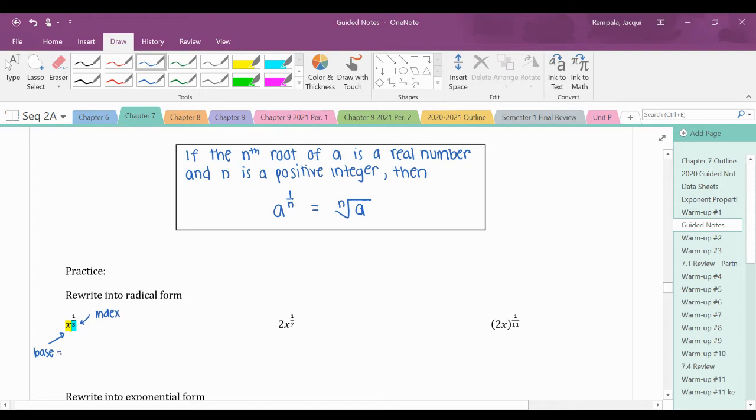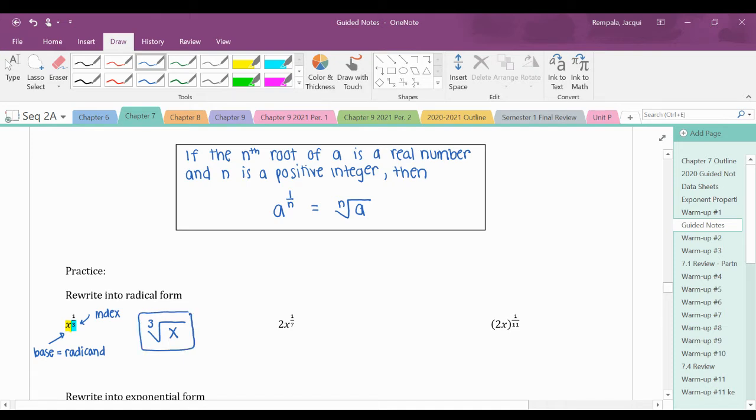The base is going to get turned into the radicand. So it's what's underneath that radical. So here's my radical. 3 is going to be a part of that radical because that's the index. The x is going to go underneath because the base turns into the radicand. And so that follows the definition that we just wrote. This is my final answer.